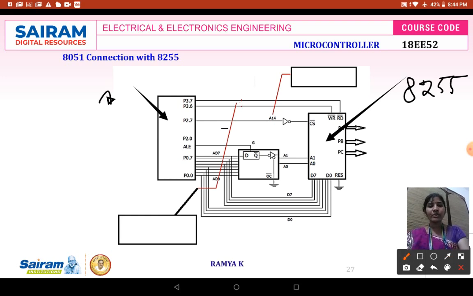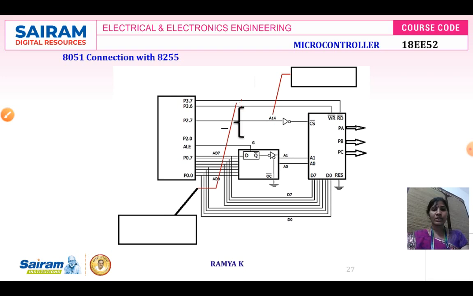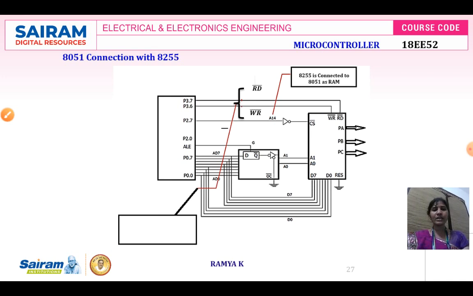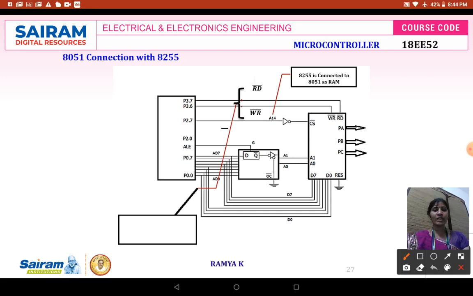Now I'll show the configuration. The 2 lines, whatever I have shown over here, are going to be your read line and write line, which are available in your read-write control logic. Next, we have 3 ports, that is, bidirectional ports in case of 8255. The 3 ports are shown as port A, port B and port C.